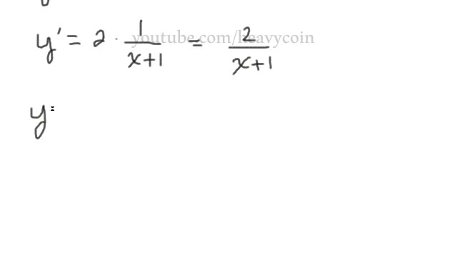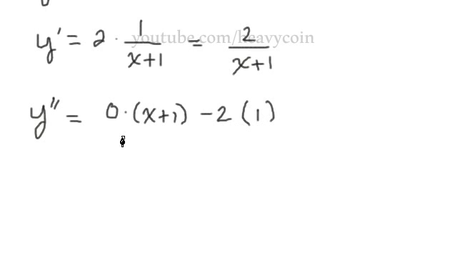Now we want to take the derivative again because we're finding the second derivative. I'll just go ahead and do the quotient rule. What's the derivative of the numerator? 0 times the denominator, minus the numerator times the derivative of the denominator, and it's all over the denominator squared.